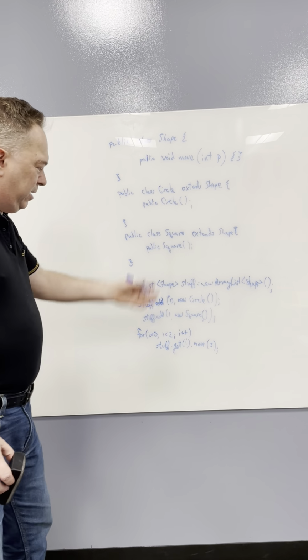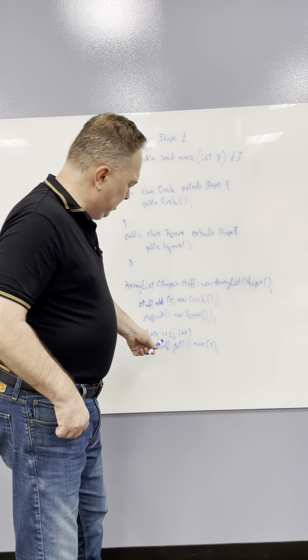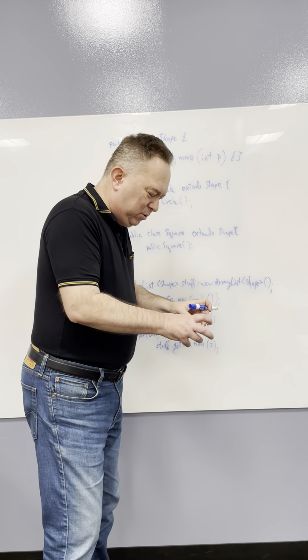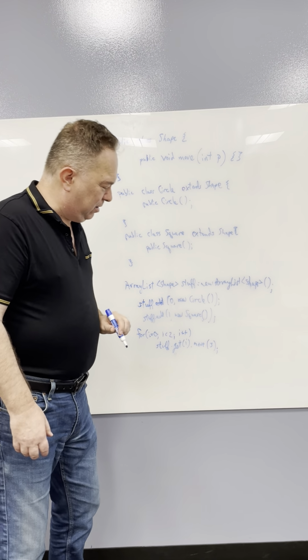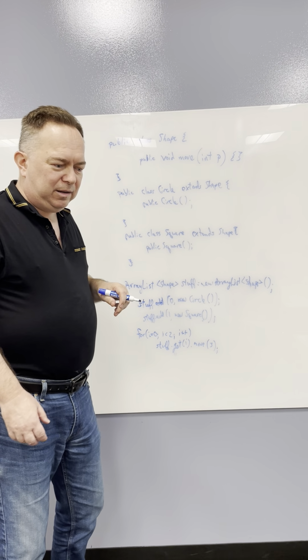Okay, so I want to move everything 3. Okay, well, think about that. I'm going to go through the stuff, but it's the same parent, and each individual object is actually different. I got a circle and I got a square, and I'm going to move it. Okay, now remember I showed you how you could have overridden method definitions.